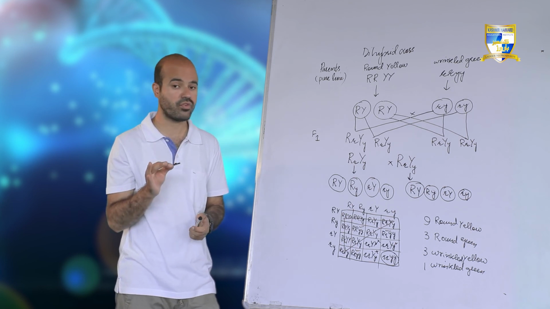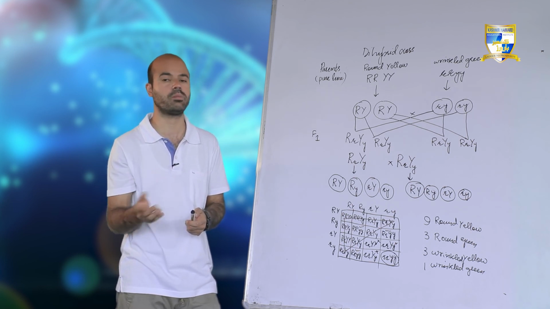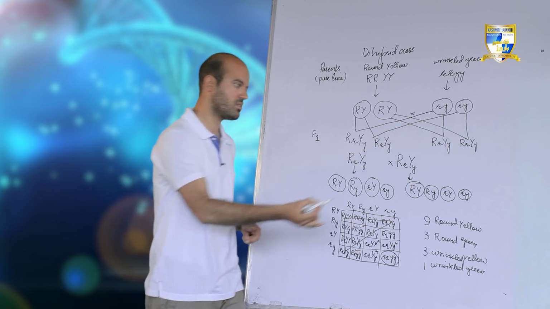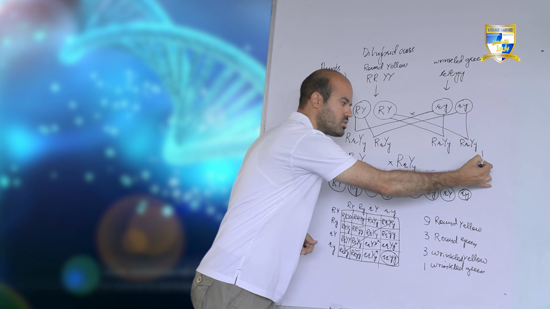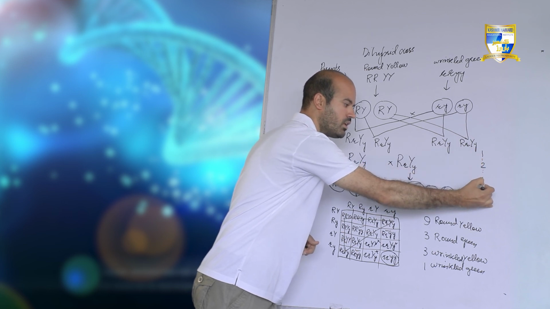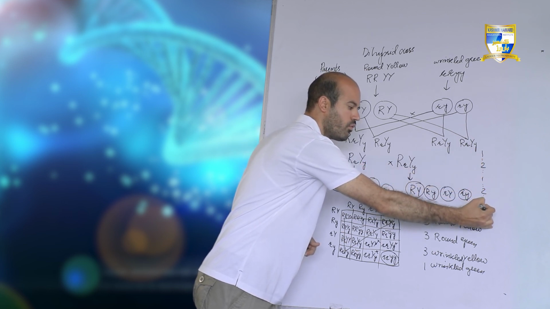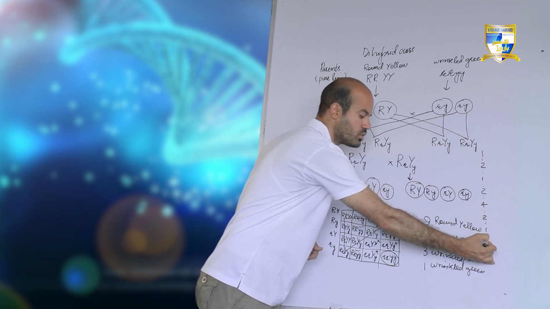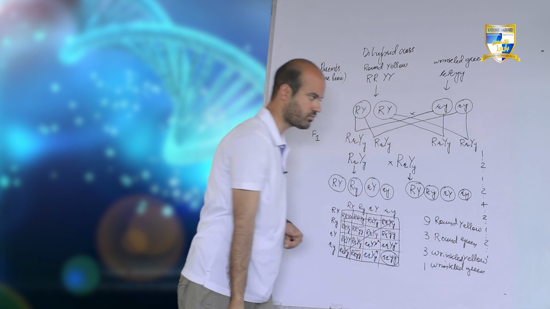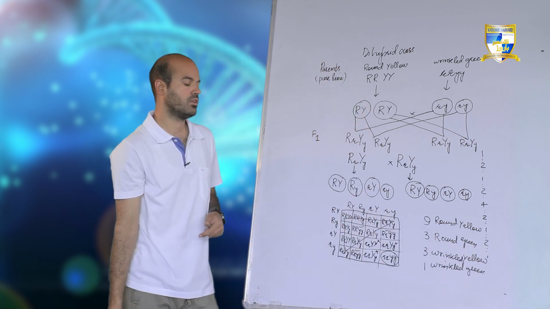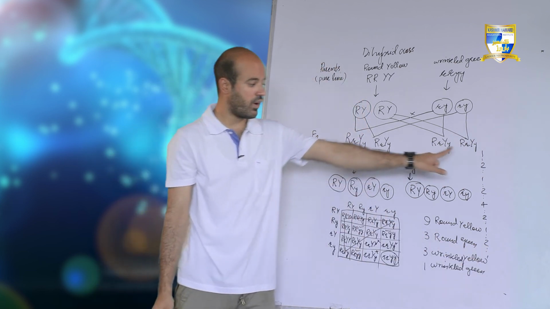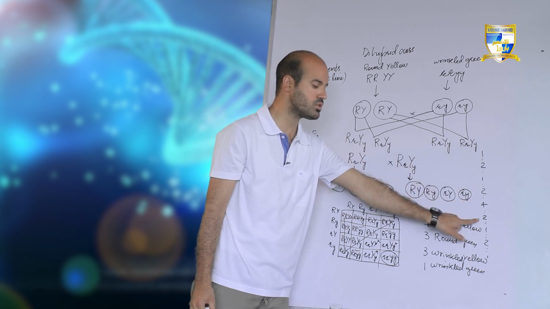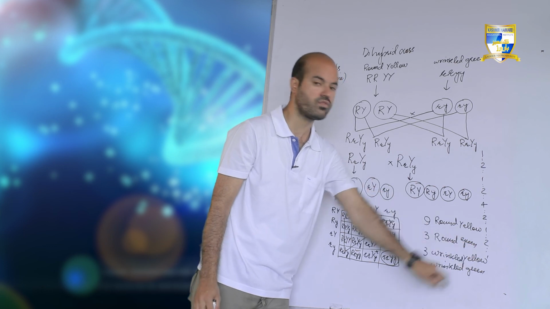And if you want to go through the genotypic ratio, it will be like this: 1:2:1:2:4:2:1:2:1.